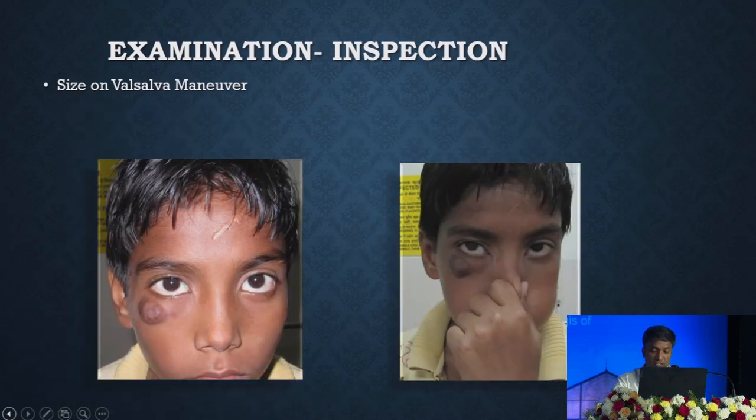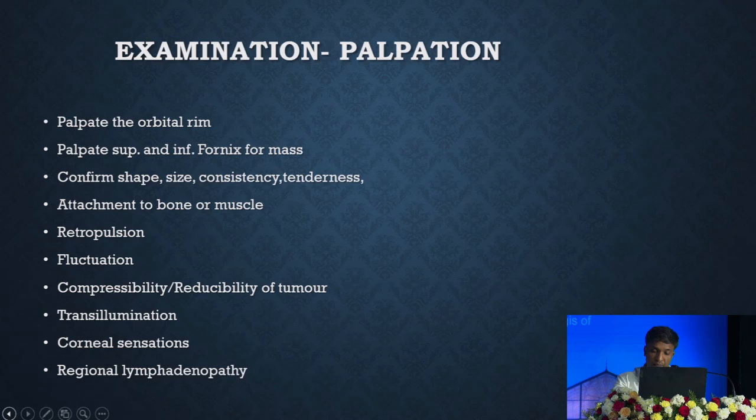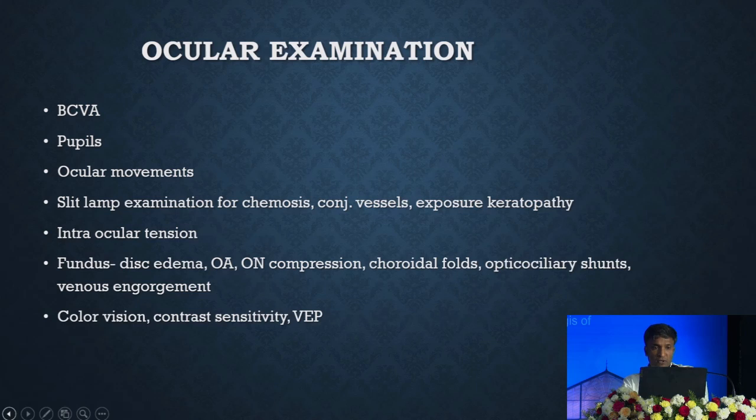Next, if you suspect any vascular tumor, then perform the Valsalva maneuver, that will tell you whether the patient has any low flow type or anything like that. Next, in the palpation, the important thing is you need to confirm your inspectory findings. And one should not forget the ocular examination.